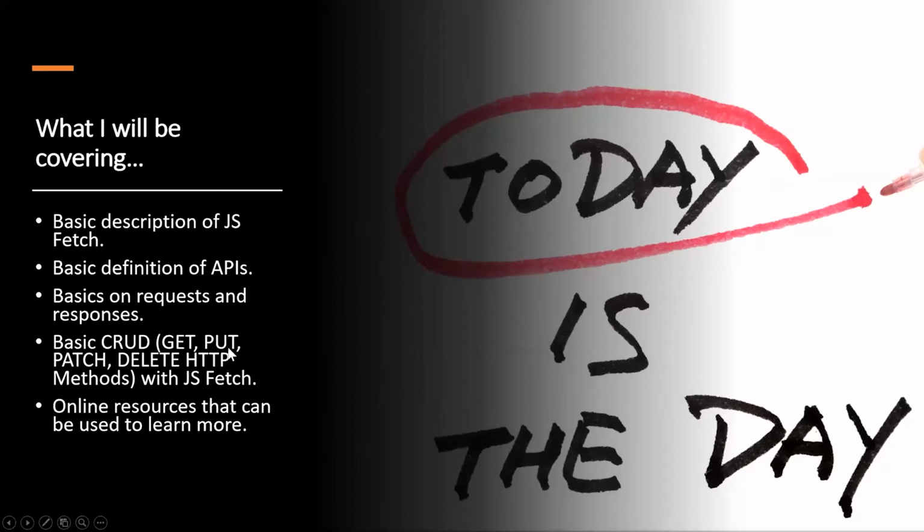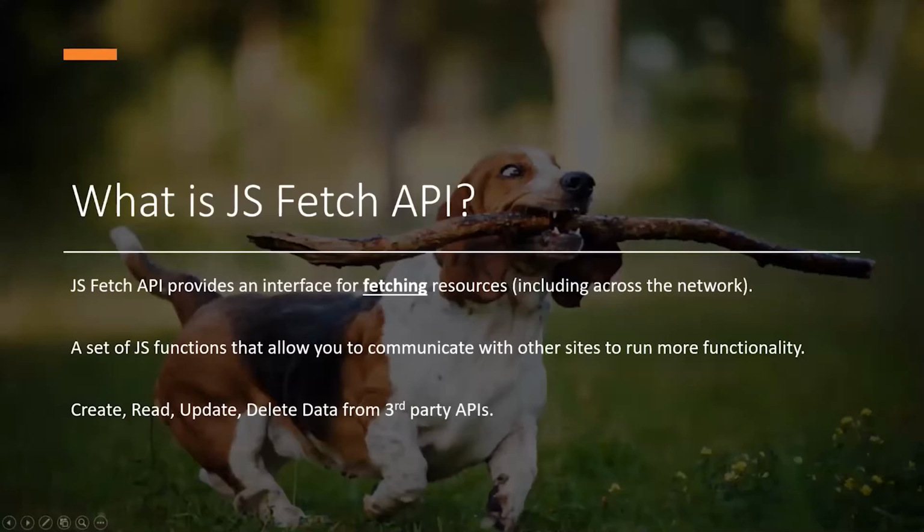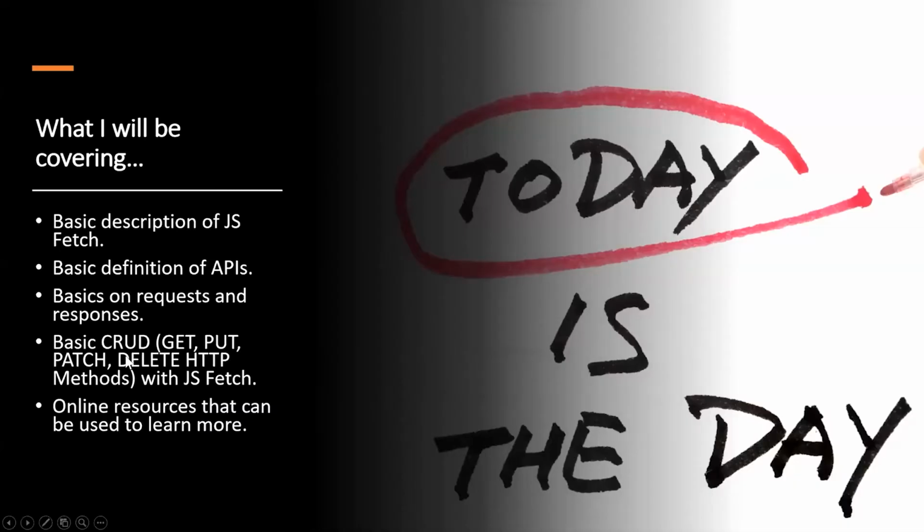Don't look at the dog. That's actually supposed to say patch, but it's supposed to be post, unfortunately. Get, put, post, and delete. I will change that when I publish this. And then I'll provide some online resources so that you can dig in when you're done.